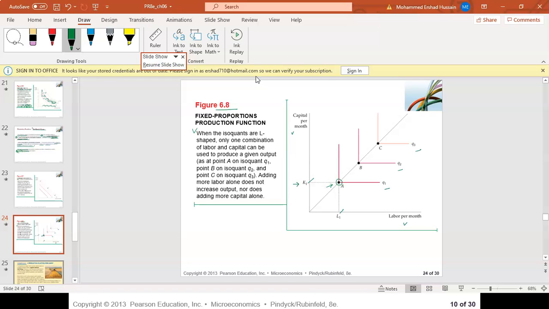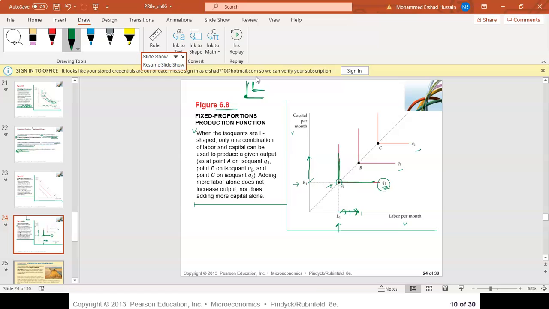If you keep capital fixed and increase labor again and again, you move this way, and you use more labor, but output will not increase. It will remain Q1. Similarly, if you keep labor fixed and increase capital, you move on this side and output is still Q1. So this is an L shape. Only when we use that proportion will output increase.